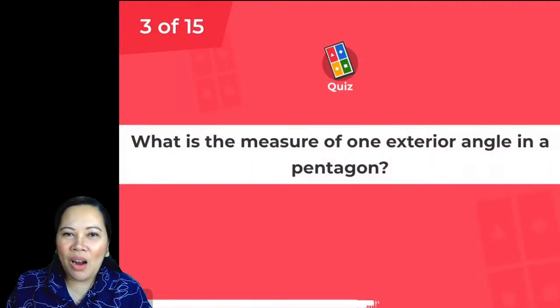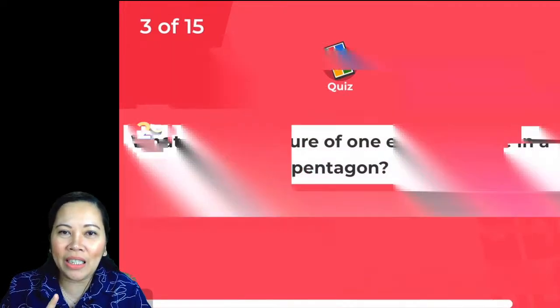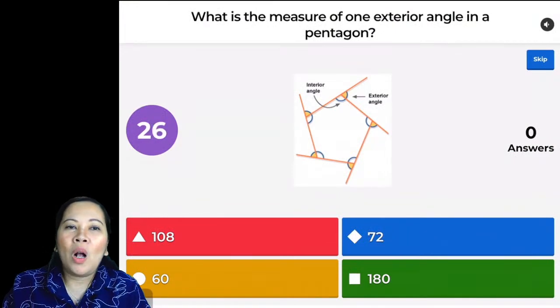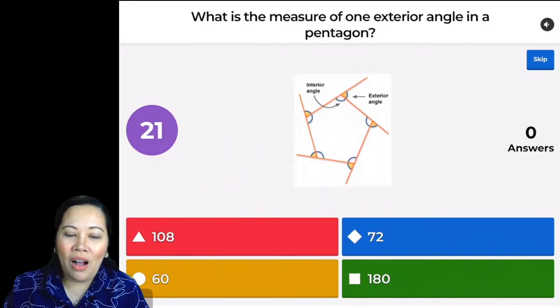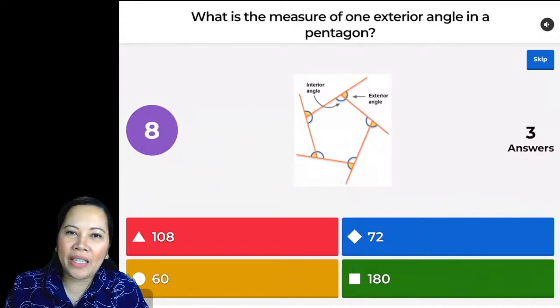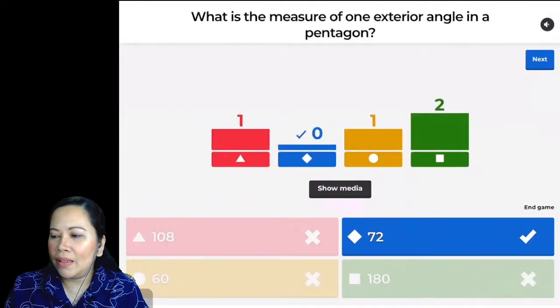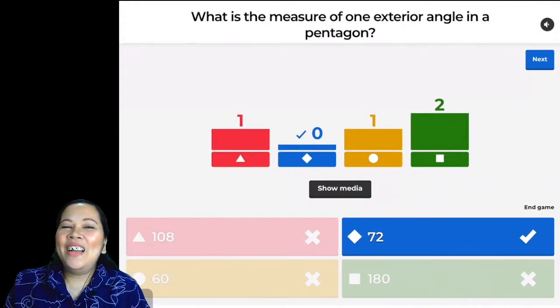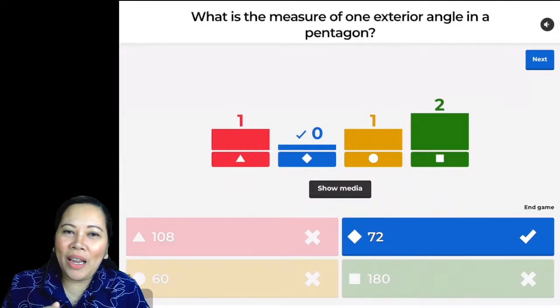What is the measure of one exterior angle of a pentagon? Exterior, not interior.